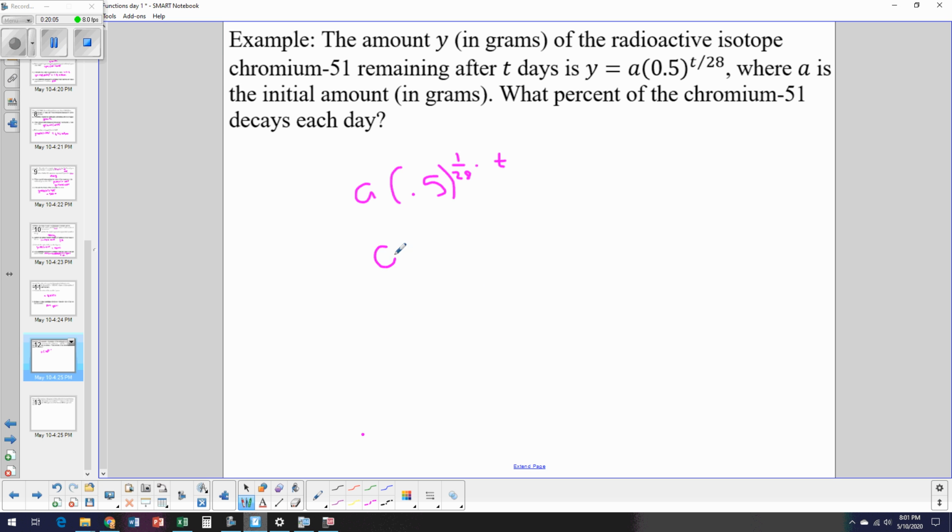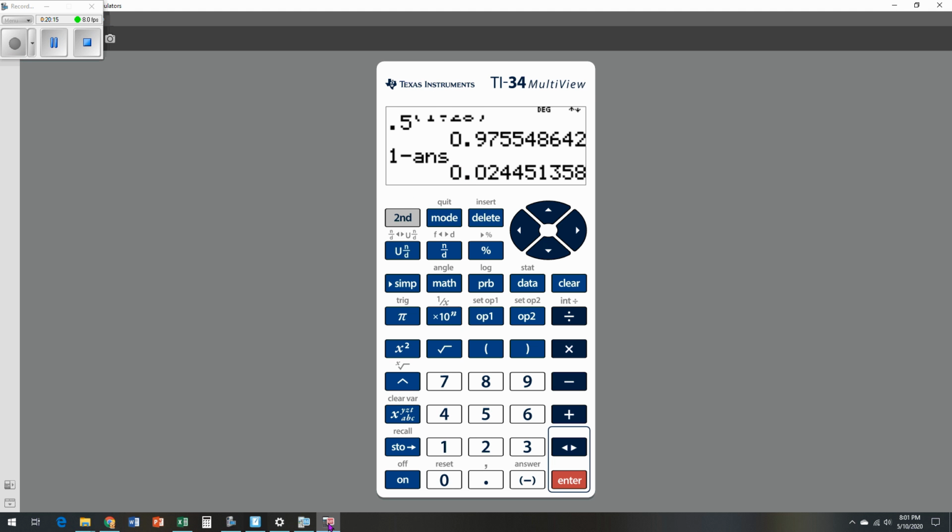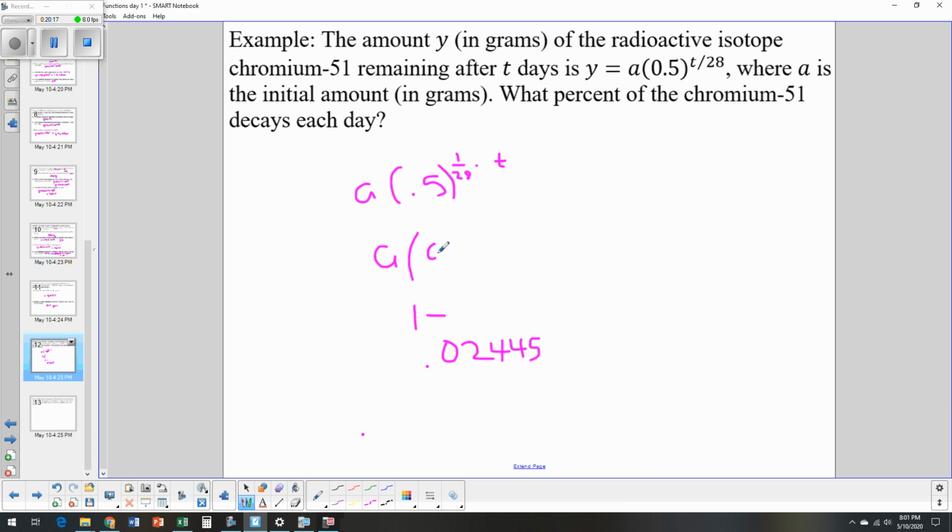So I'm going to go back here. So we know 0.02445. I don't remember what that number was. We'll look back again. 0.9755. So this is what my equation really looked like: A times 0.9755 to the t power. I did 1 minus that 0.9755 and got 0.02445.